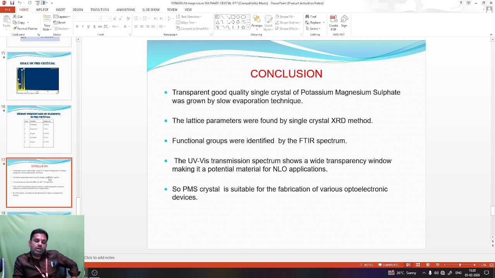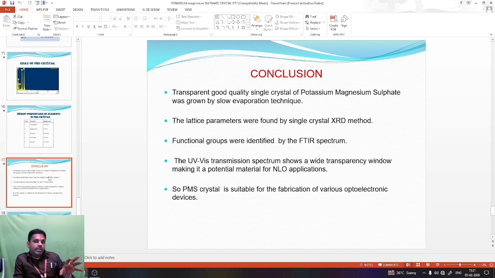So this is today's summary. What is a crystal? What are the basic definitions of crystals? And what are the characteristics of crystals? Then how are the crystals grown? Then how are the crystals analyzed using experimental techniques?